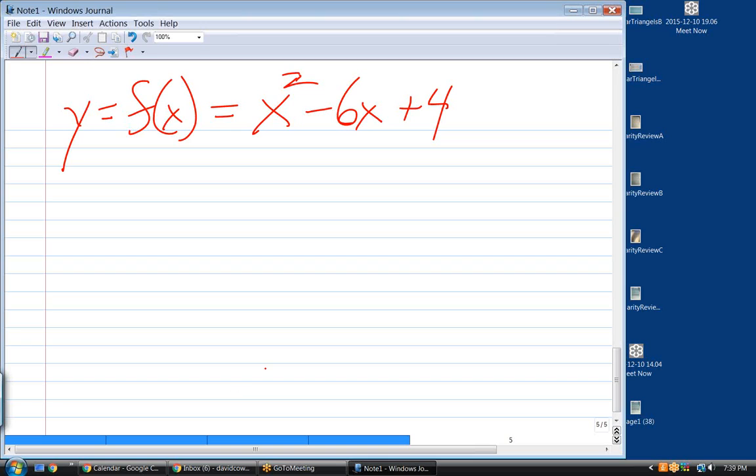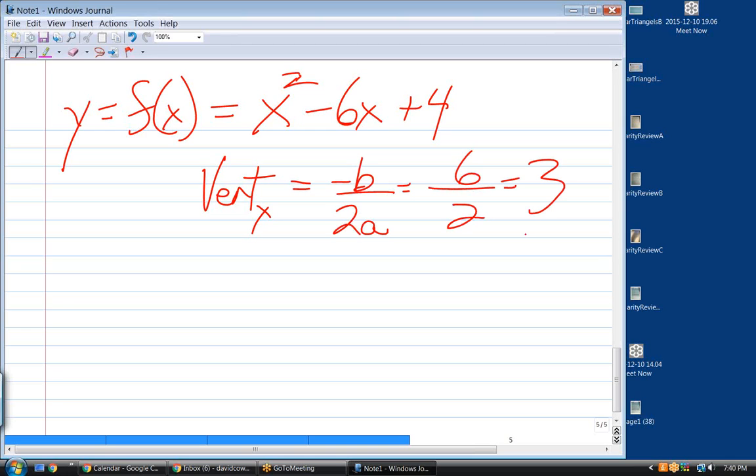It might be easier. The vertex x-coordinate, which I'm going to write like that, is equal to minus b over 2a. Well, what is that? 6 over 2, so that's 3. Got it really quick. And what's the y-coordinate of the vertex?